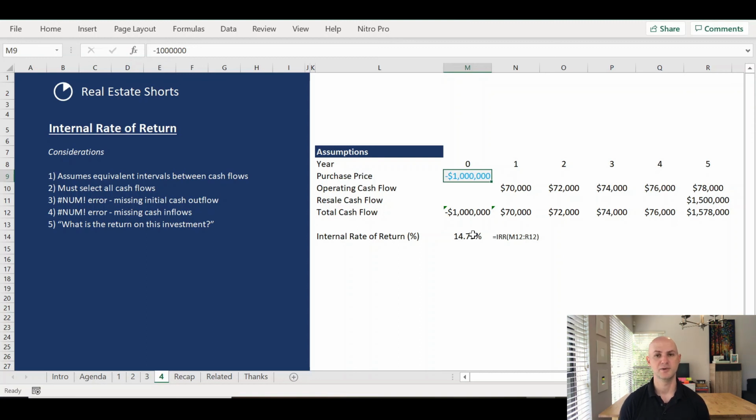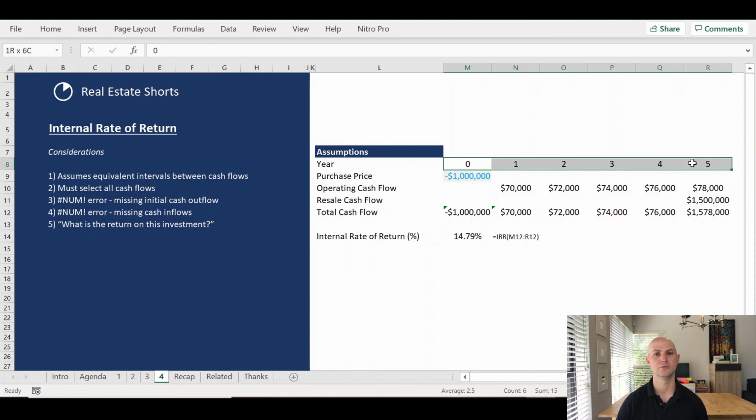The last piece to keep in mind is that the intervals between these cash flows need to be consistent. For example, in this case, we have years, and it's the same number of years between every interval, 1 year, 1 period. Inconsistent intervals tend to throw IRR off, or maybe more importantly, throw Excel off in its calculation of IRR. So maybe I have a purchase price January 1st, and then February 27th, I have another cash flow.